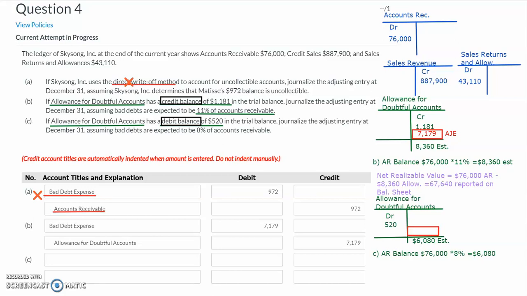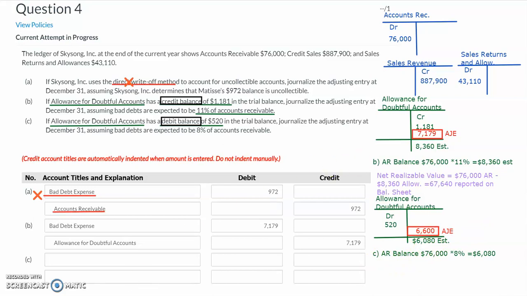So you'll remember that our adjusting journal entry, we need to make sure that we include this amount on the credit side. So we need to take our $6,080 and add $520, and our adjusting journal entry amount will be $6,600. So you can double check your work by taking 6,600 minus 520, and you'll see that this equals our ending amount.